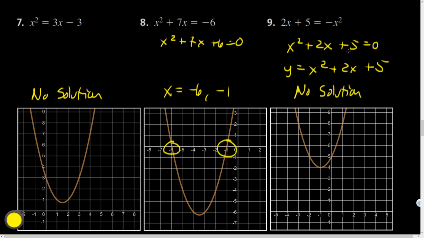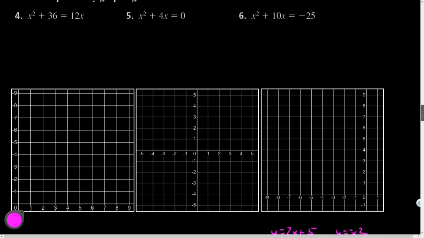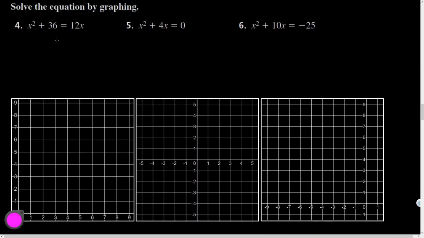And if I was to use method 2, I would have written 2 separate equations. I would have had y equals 2x plus 5 and y equals x squared, -x squared. Tell you what, let me do, no, that one's not a great example for method 2. I want to do a method 2 where we actually have some solutions, though. Oh, that's crazy up high.